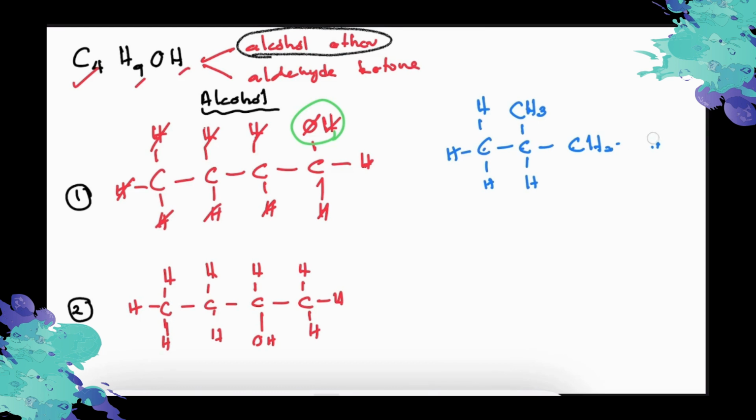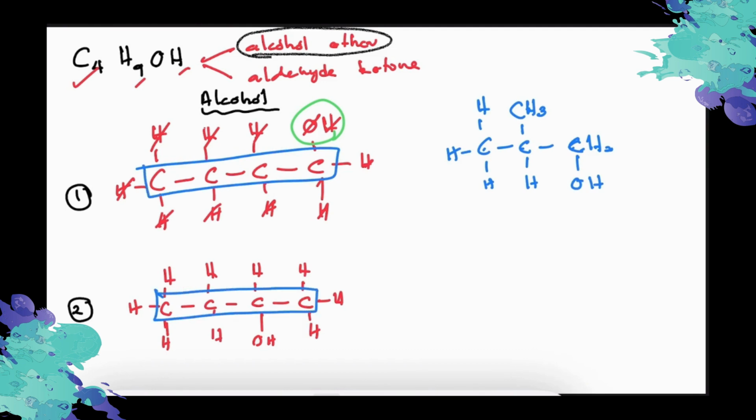Okay, so you can draw the OH like this. So in this case, this is the straight line, this is the straight line. Okay, so this is the line, we have 3 and we have 1 substituent.